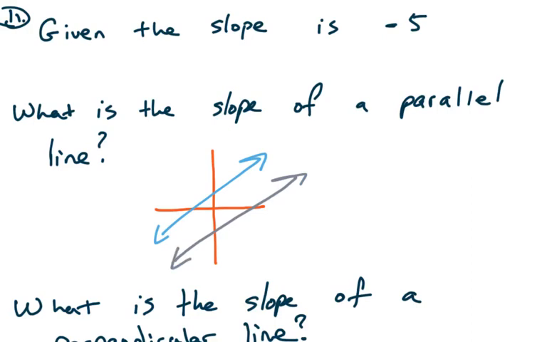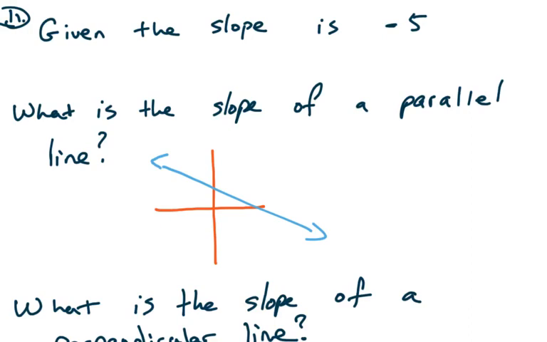If they never touch, the only way these lines are never going to touch is if their slopes are the same. Let's see if we can get a little more parallel. There we go.